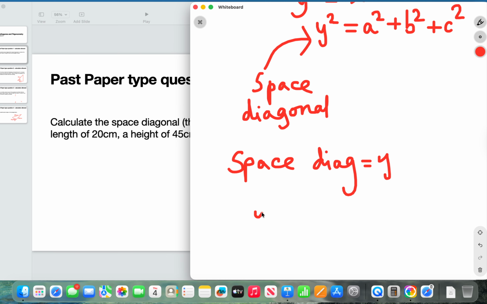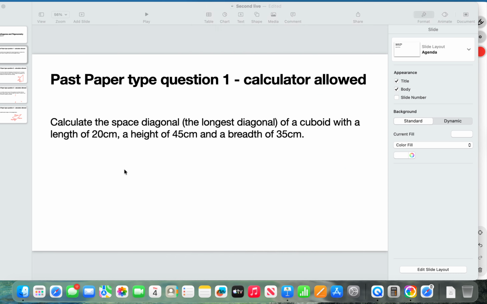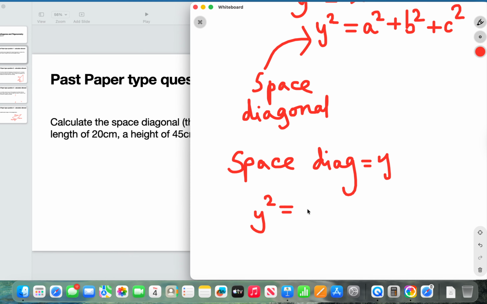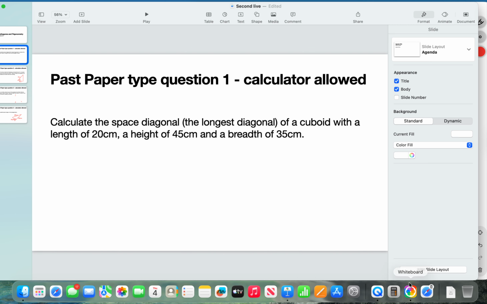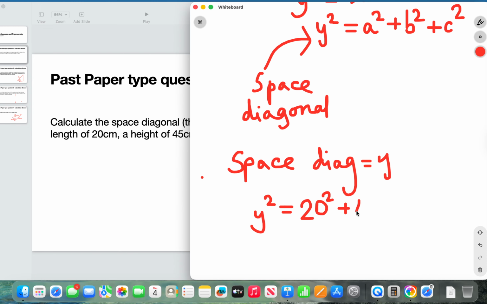So we have y squared equals, we'll put a 20. So we have 20 squared. We have 45 squared. And we have 35 squared.